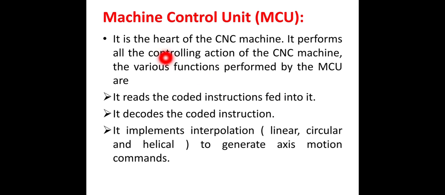Machine control unit, it is the heart of the CNC machine. It performs all the controlling action of the CNC machine. The various functions performed by the machine control unit are: it reads the coded instruction fed into it, it decodes the instruction, it implements interpolation, linear, circular, and helical, to generate axis motion commands.